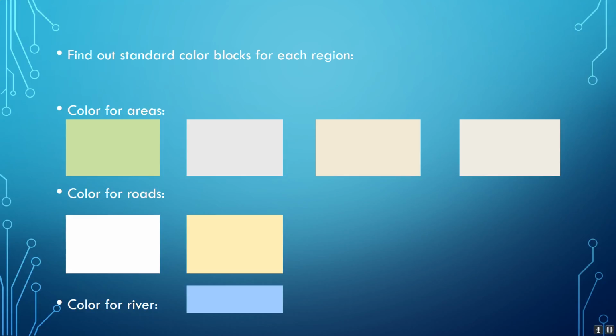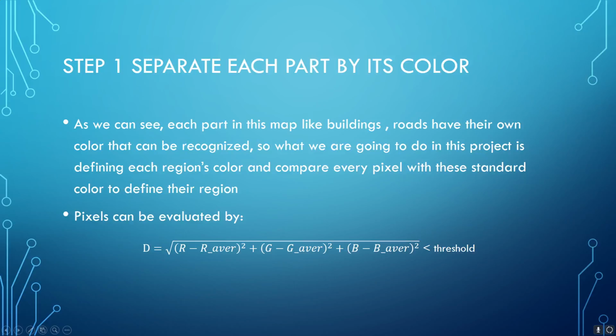And after we calculate the average value, we need to calculate the D value for each pixel on this map. What is the D value of a pixel? For each pixel, here we got a D equation, and when we have a pixel, we have its RGB value. Here we put the value in, along with the three RGB average values for each standard block, which are different for each block.